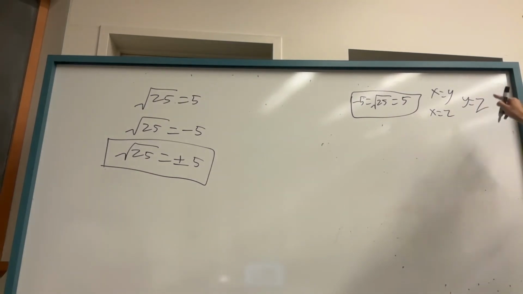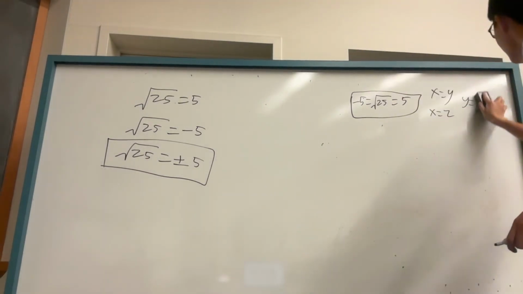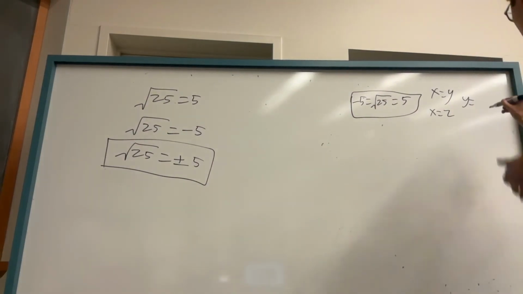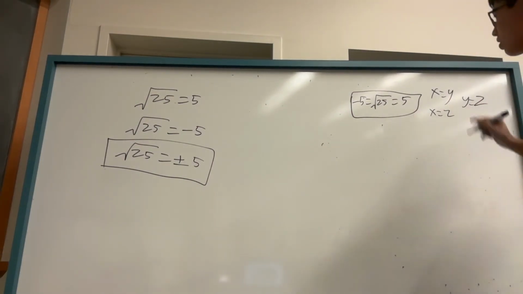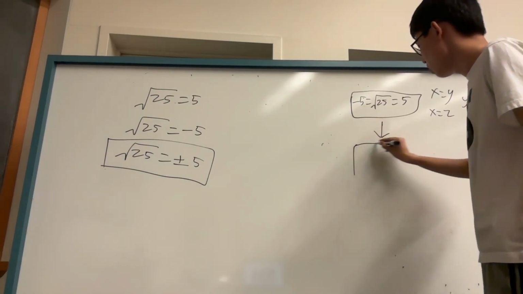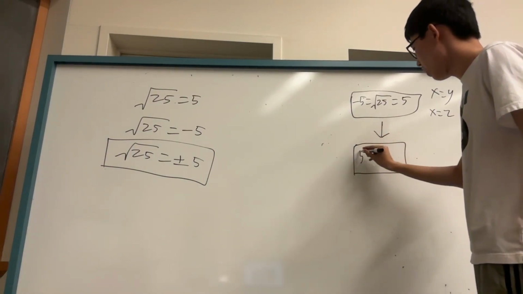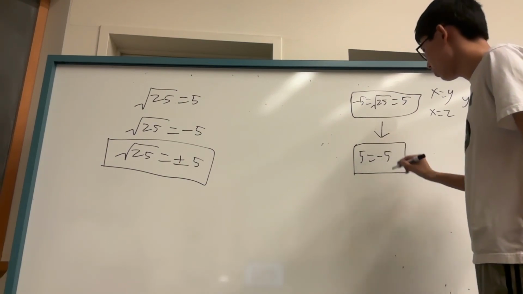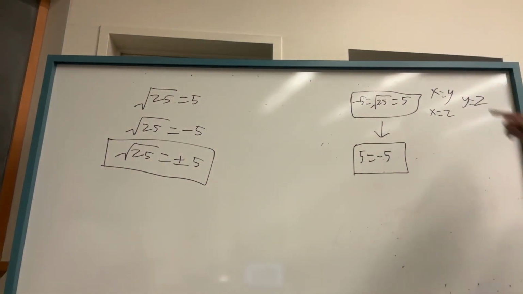So doesn't this mean 5 equals negative 5? How is this possible? What did we do wrong here? I want you to explain this in the comment section below.